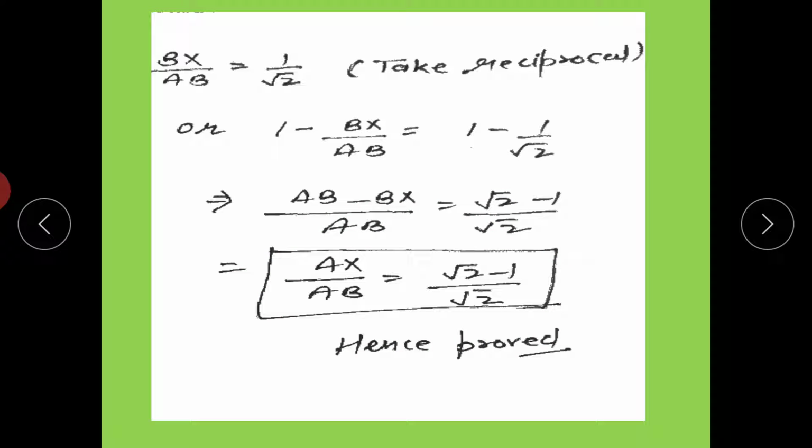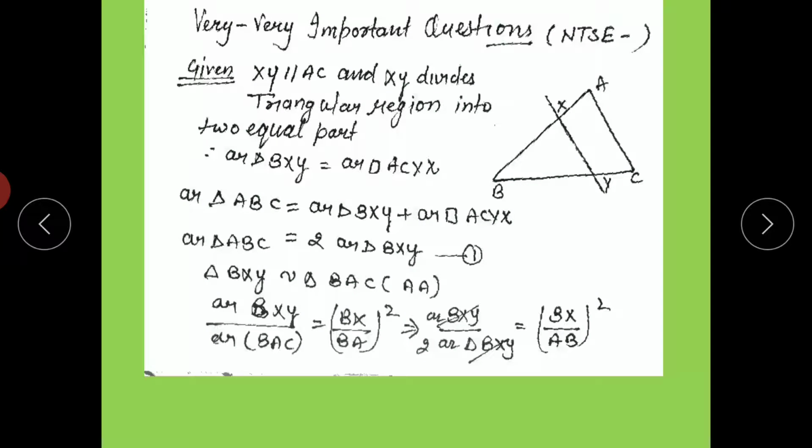What is the value of AX upon AB? The AX upon AB is equal to root 2 minus 1 upon root 2. So I repeat this question again. XY is parallel to AC, as given. So area of triangle BXY and area of quadrilateral ACYX are equal. So area of triangle ABC can be written as area of triangle BXY plus area of quadrilateral ACYX. So area of ABC can be written as 2 times area of BXY, and BXY and BAC are both similar triangles.